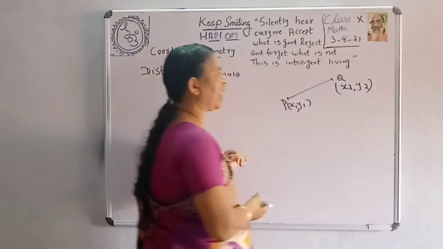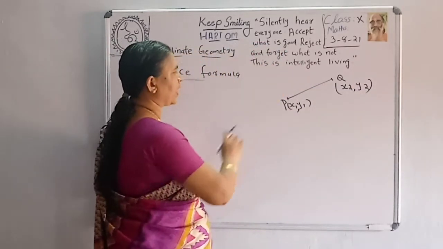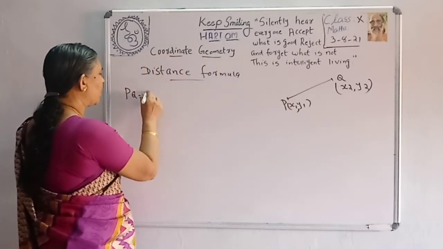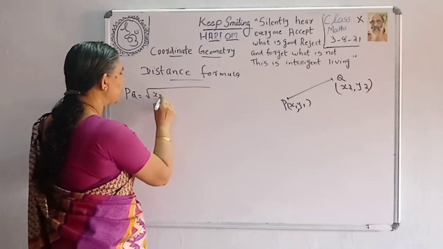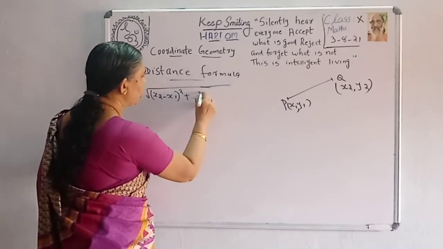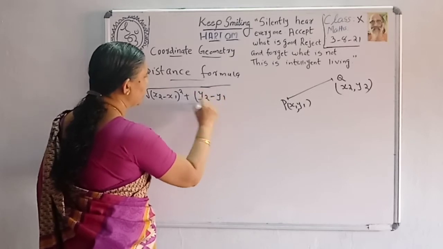If you are asked to find the distance between the points P and Q, we can use the formula: PQ is equal to the square root of (x2 minus x1) the whole square plus (y2 minus y1) the whole square.